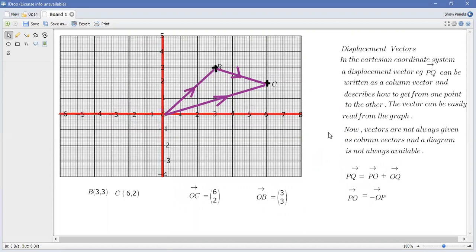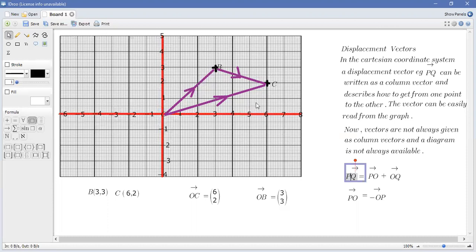Now, to get the vector BC by using the graph, you can simply count from B down to C. Don't go through these two routes; those are for when you're using the calculation principle.